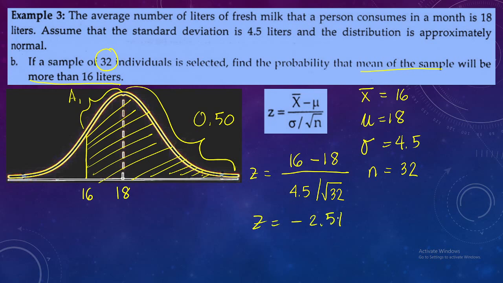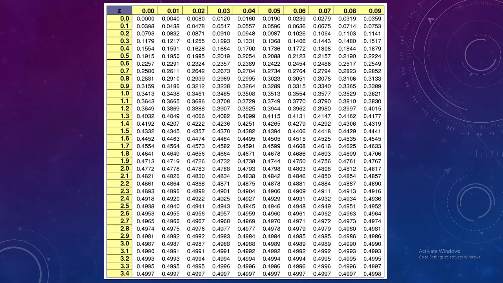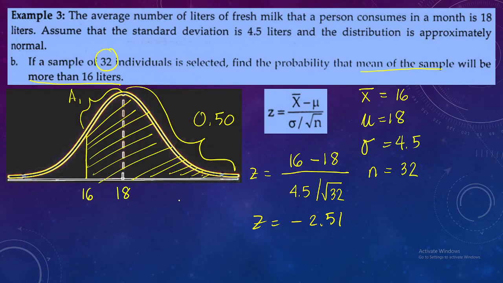Now let's go to our Z table. Look for the value 2.51. 0.4940, sir. Okay, so our area 1 is 0.4940. So how do we get the total area for the shaded part?